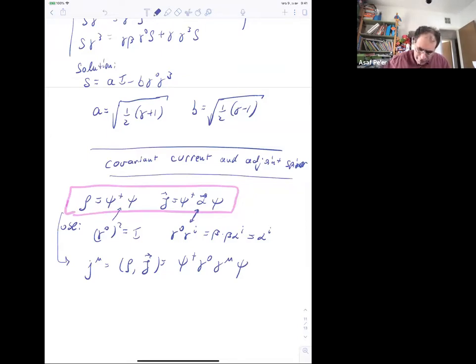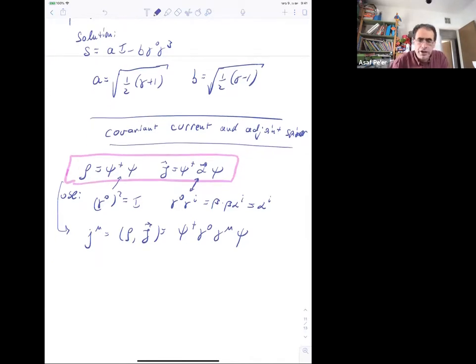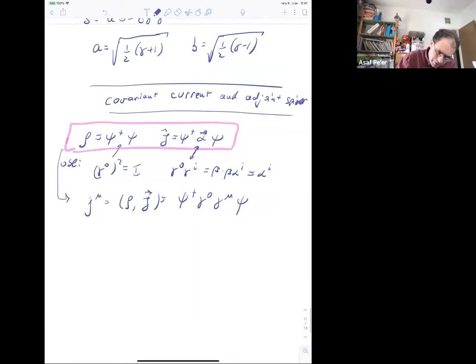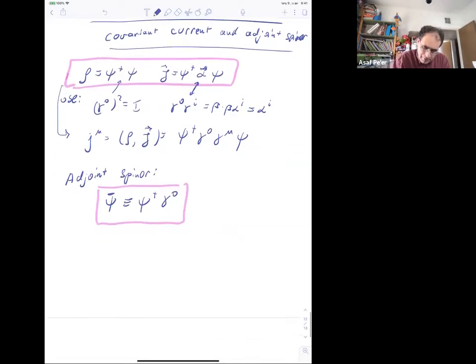Now, if we want to, we can further simplify this expression by introducing the adjoint spinor, psi bar, which is defined by psi dagger gamma 0. And then, using this, I can write down J mu as psi bar gamma mu psi.